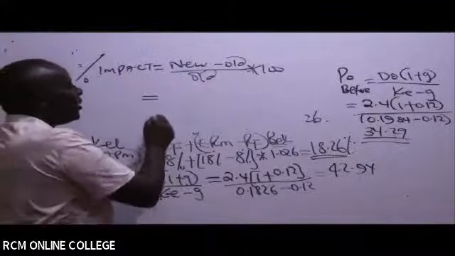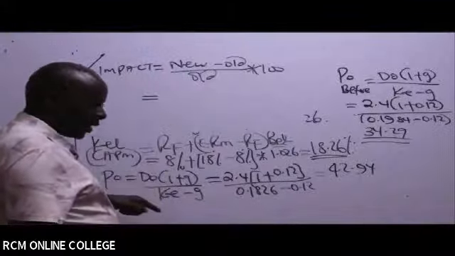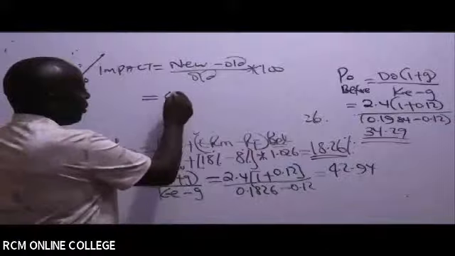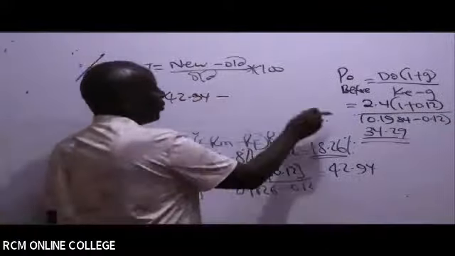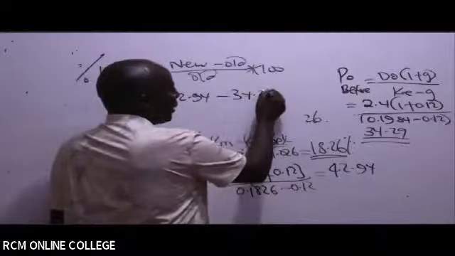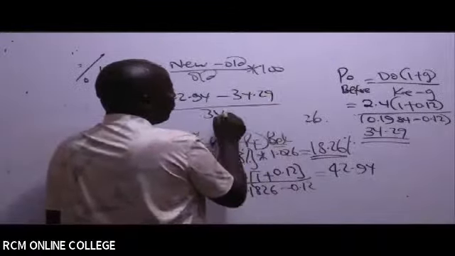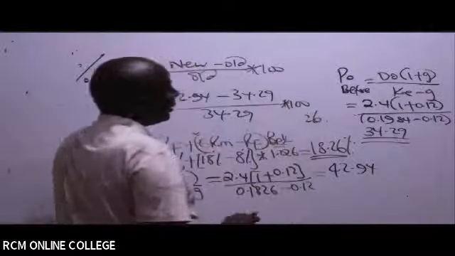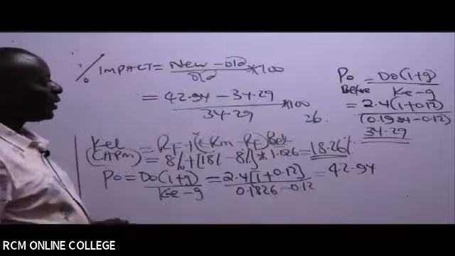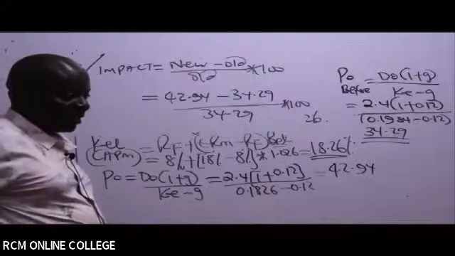So then we have the new. The new is the one after the reconstruction, right? Which is 42.94 minus the old one before, 34.29, divided by 34.29 times 100.